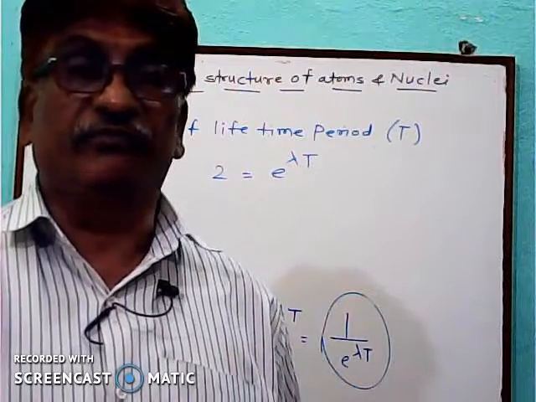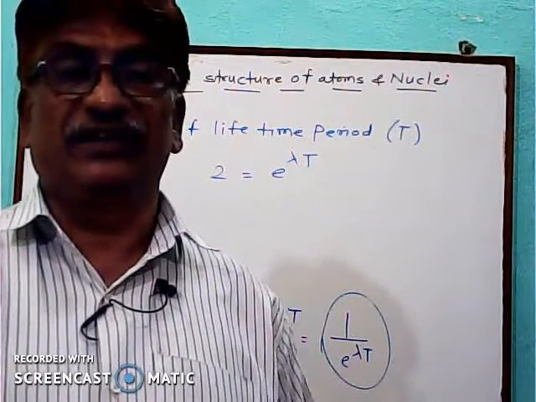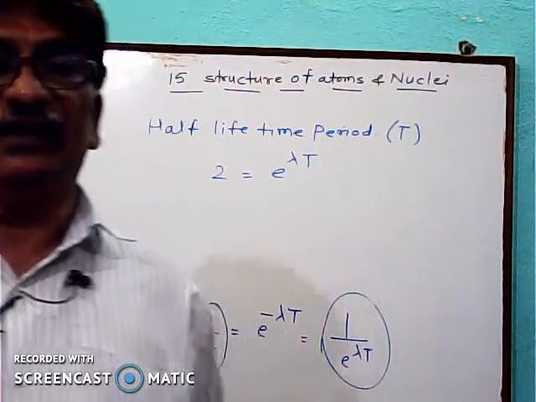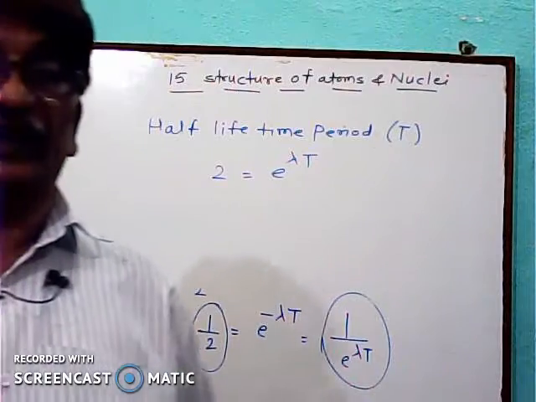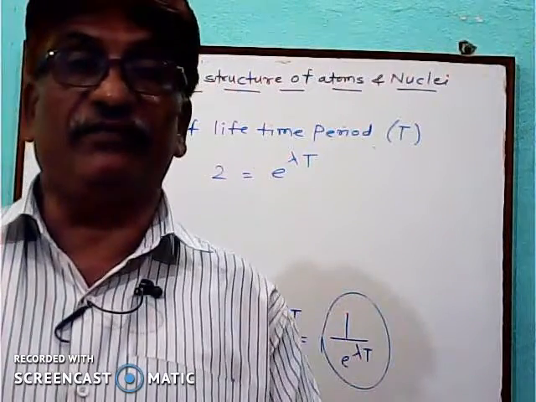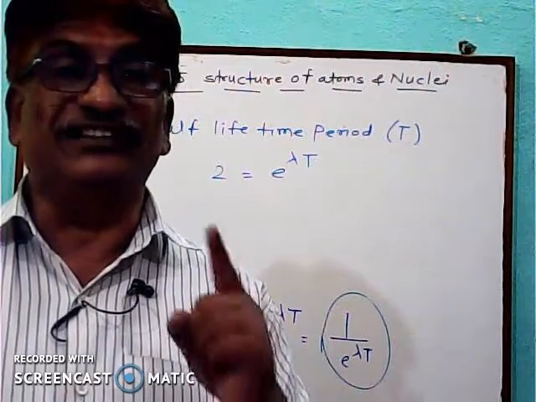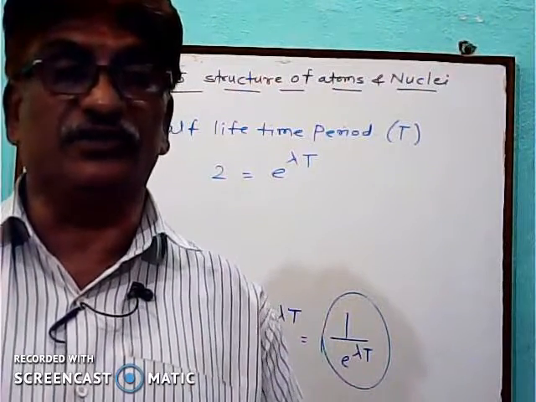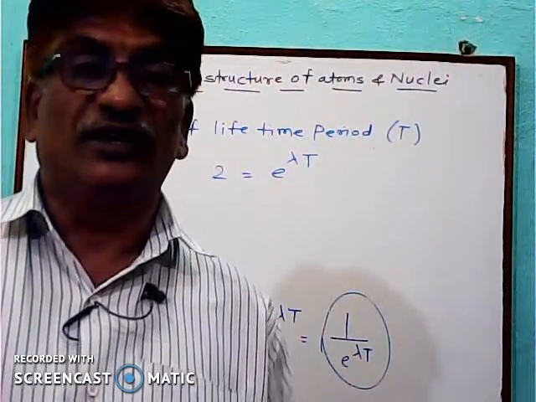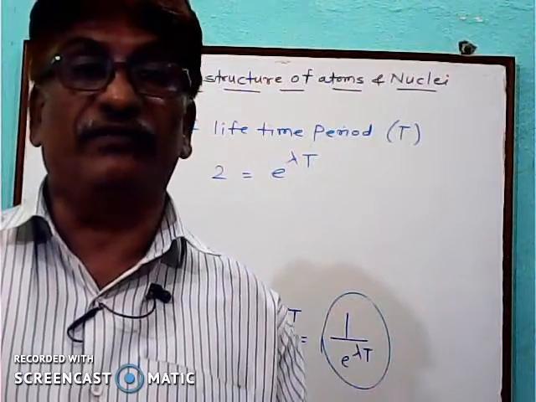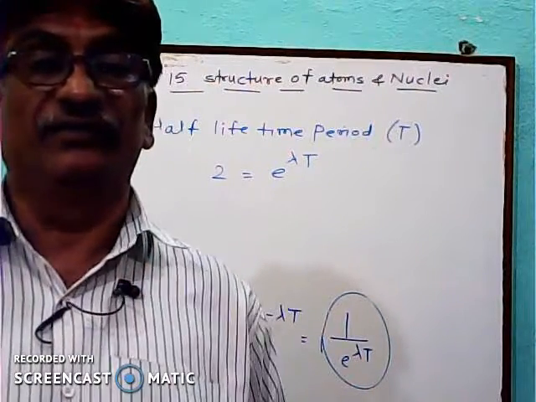When this question is asked, here we see that lambda is the decay constant, capital T is the half-life time period, which is the time taken by the substance to disintegrate half of the initial number of atoms.